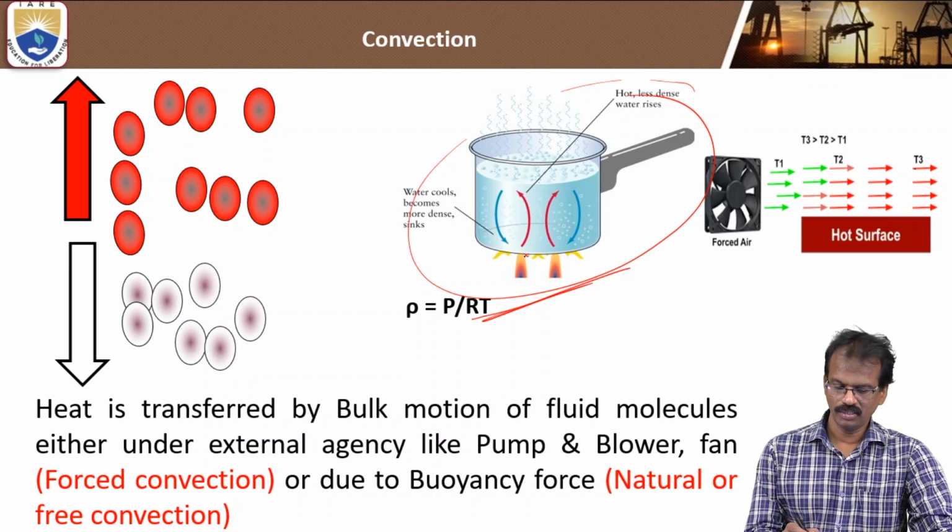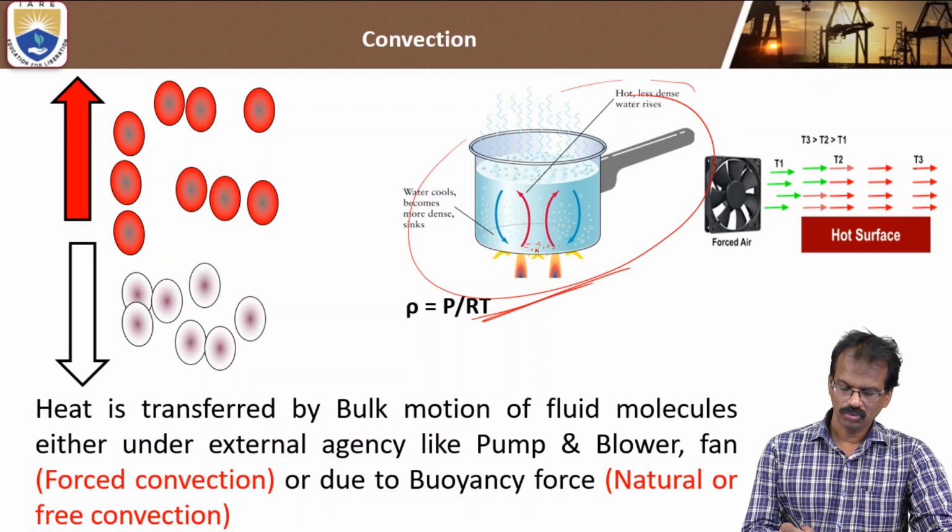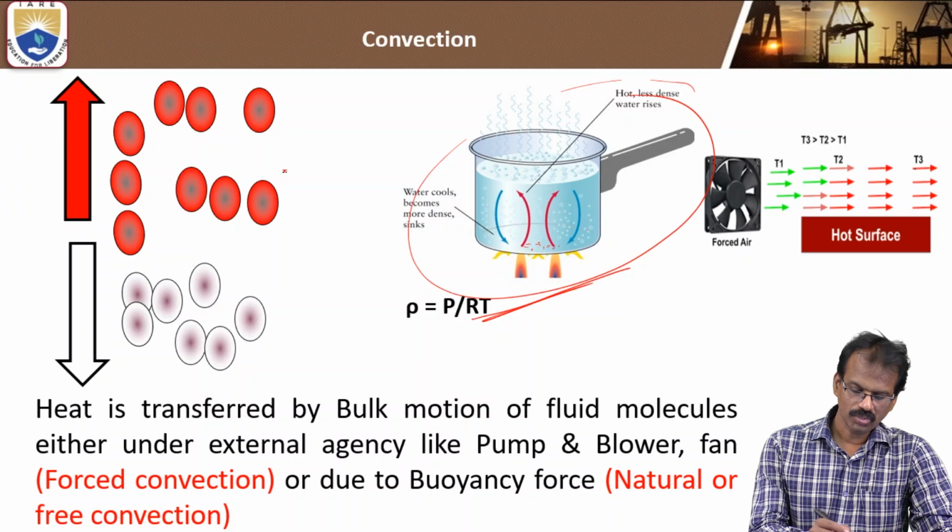Then the heat is transferred from the bottom surface to the nearest particles. When the particles of the water or any fluid are heated, the particle density decreases, because density rho is inversely proportional to temperature.